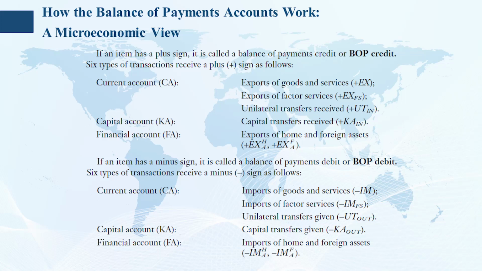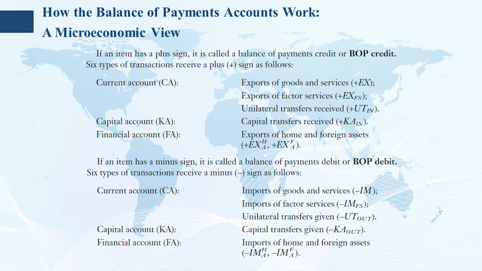If an item has a plus sign, it's called a balance of payments credit, or BOP credit. 6 types of transactions receive a plus sign as follows: current account CA, exports of goods and services EX, exports of factor services EXFS, unilateral transfers received UT in; capital account KA, capital transfers received KA in; financial account FA, exports of home and foreign assets EXAH, EXAF.